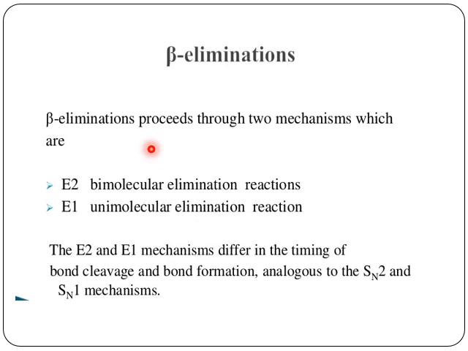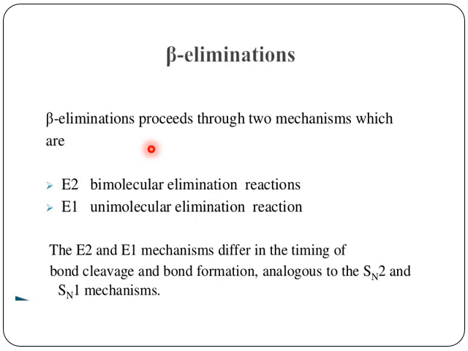There are very rare examples of alpha elimination, or reactions which are neither beta nor alpha eliminations and are further apart from the alpha carbon, like 1,4 elimination or others further away. But in this course we will discuss only the beta elimination reactions, that is 1,2 eliminations.